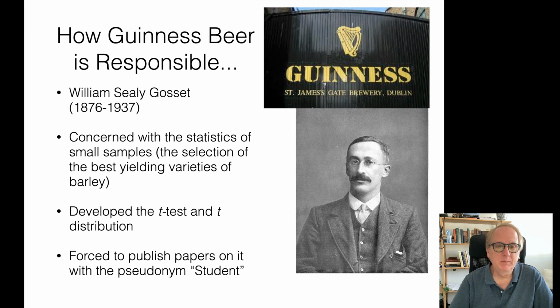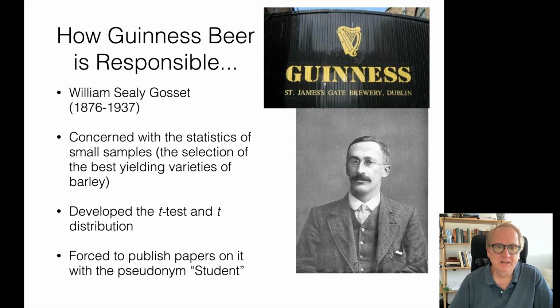Student became his pseudonym, and after that, people referred to these new tests as Student's t-test. You'll still see that occasionally if you look in a textbook or in some online forum; you'll hear the t-test referred to as Student's t-test. We now know that it was actually Gosset who did this, so you could call it Gosset's t-test, but the name still lingers.